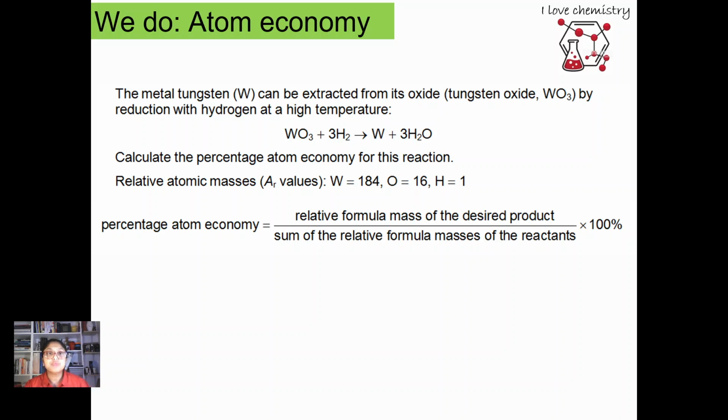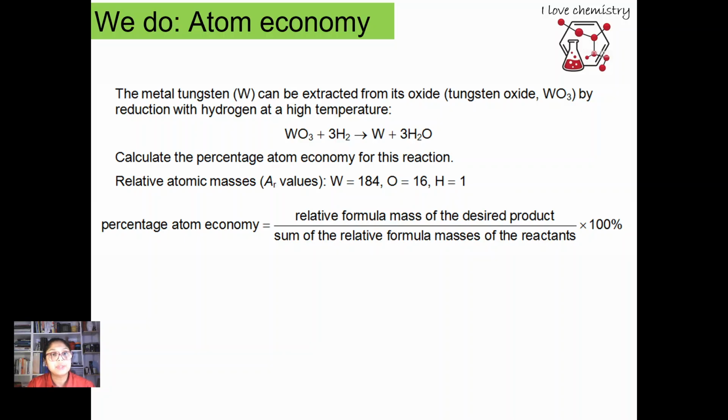Now let's go straight to the calculation. The question is, the metal tungsten can be extracted from its oxide, tungsten oxide, by reduction with hydrogen at a high temperature. They have given you the equation. Calculate the percentage atom economy for this reaction.